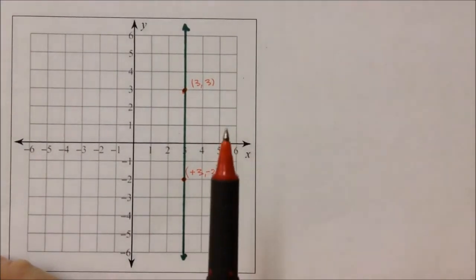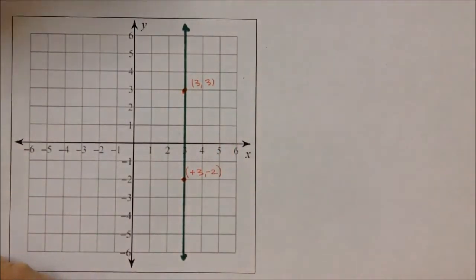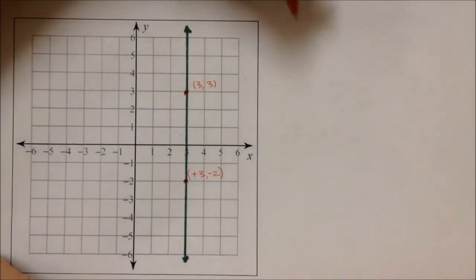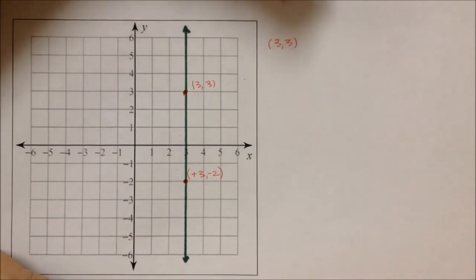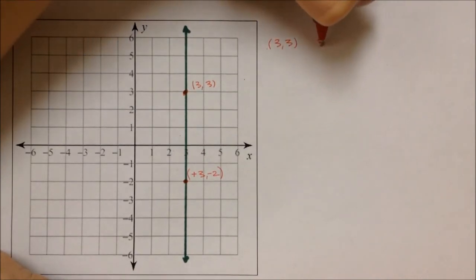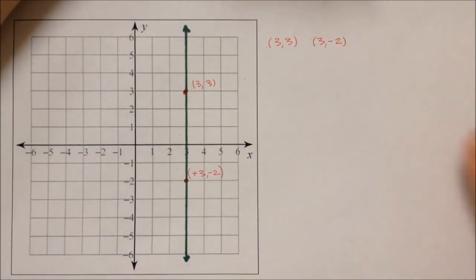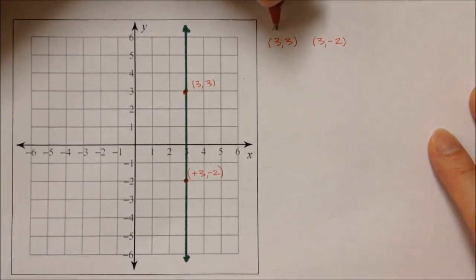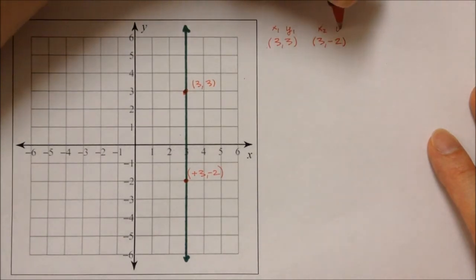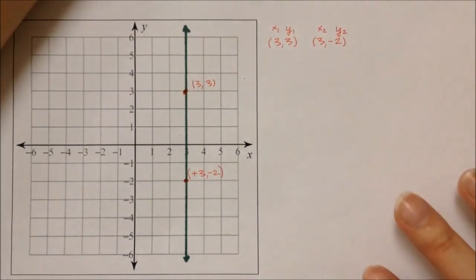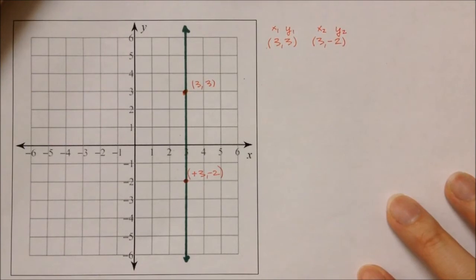If we're talking about the slope, let's write it out. (3, 3) and (3, -2). Let's label our points x1, y1, x2, y2. Once I label, I'm going to find the slope.